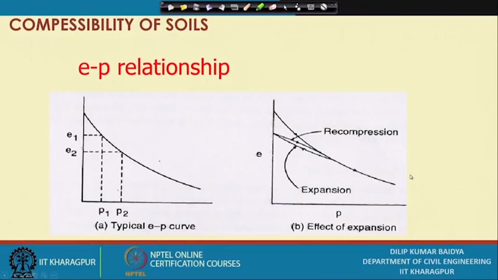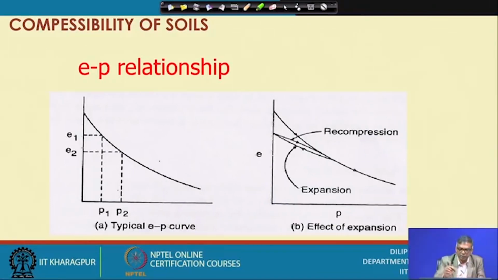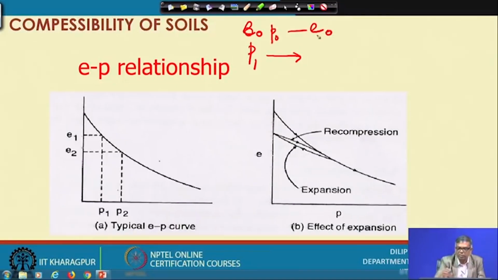As I have mentioned, under each loading, suppose you have applied load P 1, and before that, under load P 0, the void ratio was e 0.